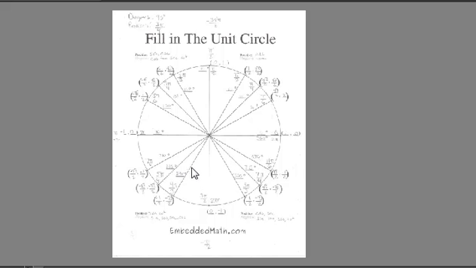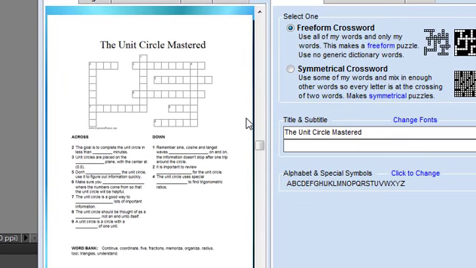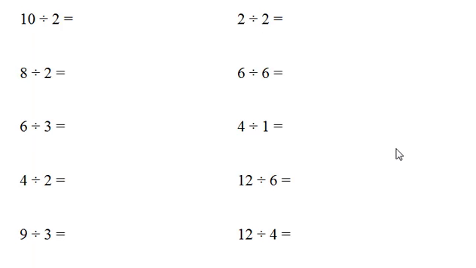For today in your notebook, the first thing is this little crossword puzzle. Super simple. If you paid any attention at all to this video, you'll be able to do this very quickly. The other page in your workbook for today is these hopefully comically easy division problems.